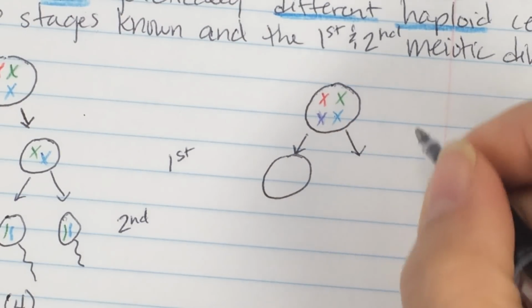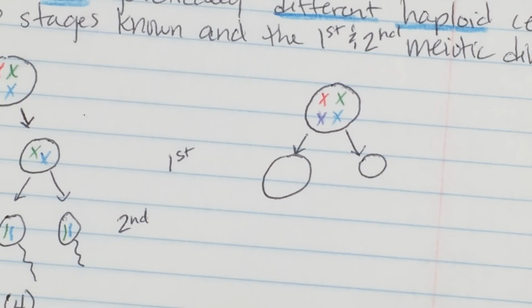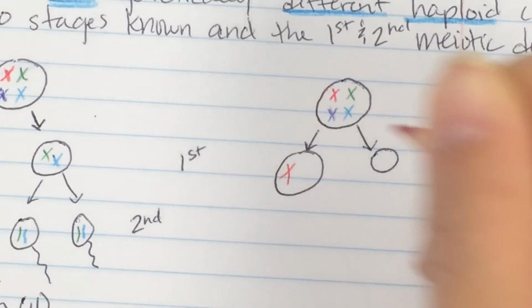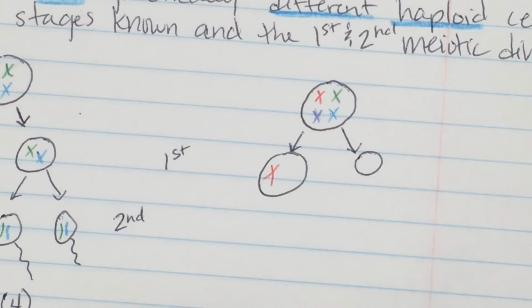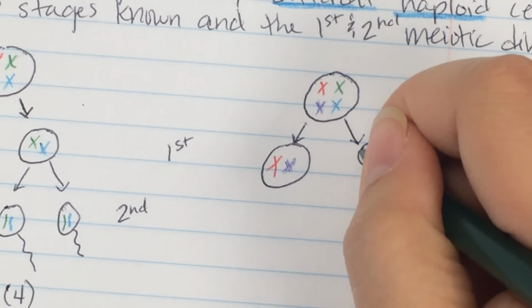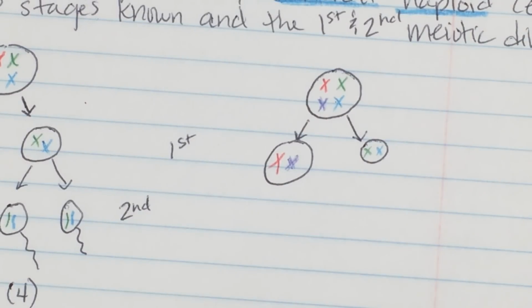So we're going to end up with one cell that's really big, and another one that just doesn't get much cytoplasm at all. So here this X and this one went this way, and my little green chromosome and blue chromosome went that way.